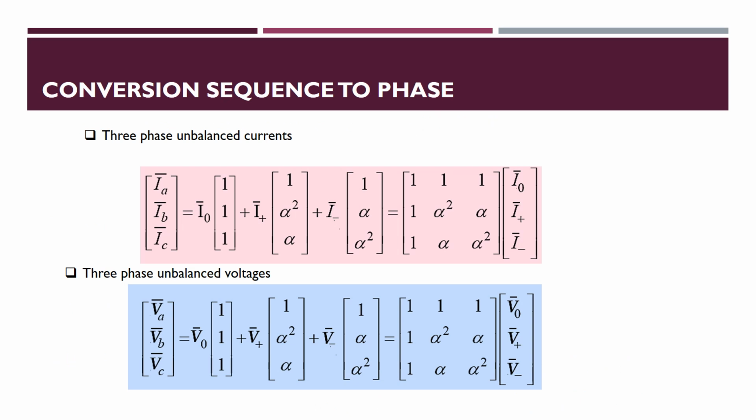Then the three phase unbalanced current IA, IB, IC you can write in this way: I0 into 1 1 1, and I plus into 1 alpha squared alpha, then I minus into 1 alpha alpha squared, because that is the negative sequence. So you can have this equation in matrix form. Similarly, you can write this equation for the unbalanced voltage phases.